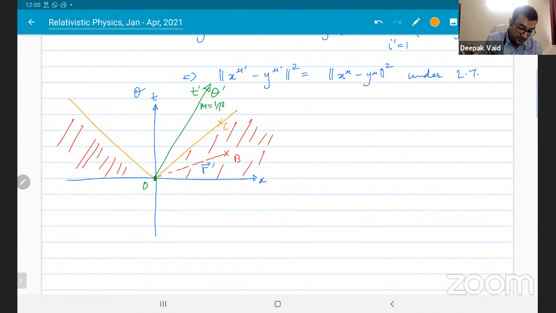Right. Now the thing is that O prime has its own light rays, right? So if I ask, what do the light rays of O prime look like? Well, the speed of light remains invariant under Lorentz transformation. Space-time intervals remain invariant, so one consequence is that the direction of light rays remains invariant. Light rays always run at 45-degree angles in all frames of reference.